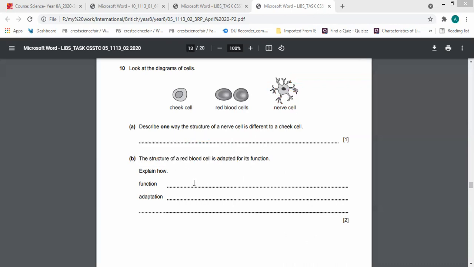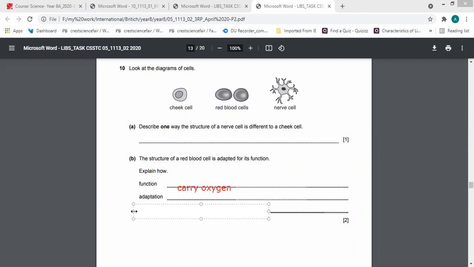The structure of a red blood cell is adapted for its function. Explain how. I think we solved this question before. The function of red blood cells is to carry oxygen. Adaptations of red blood cells: they have hemoglobin, right?